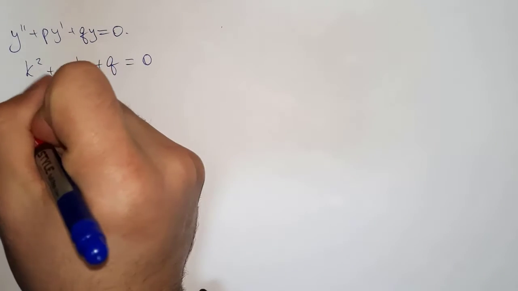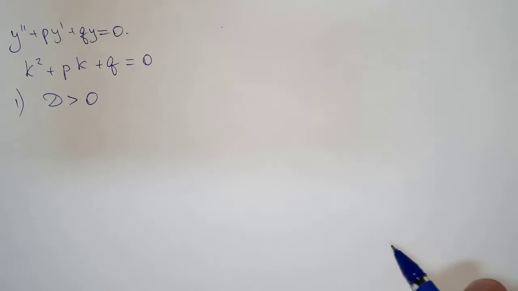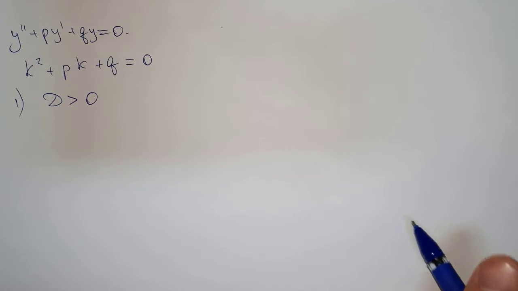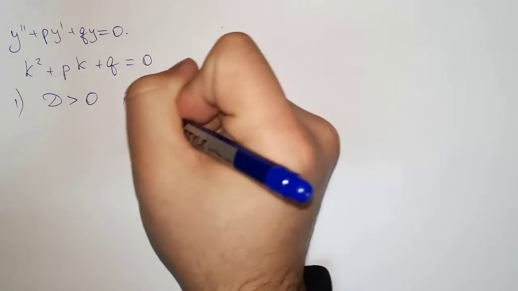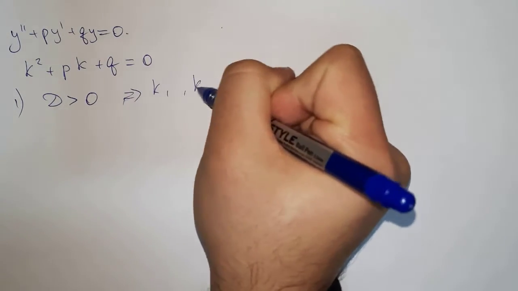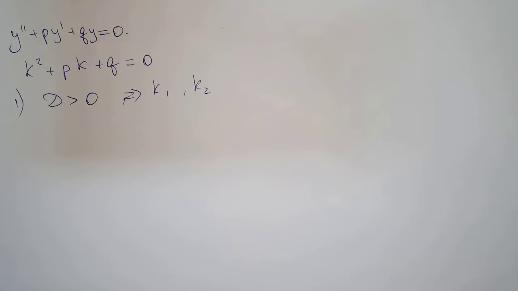And we have the next conditions. This is a quadratic equation, and the discriminant of this quadratic equation can be greater than 0. If the discriminant is greater than 0, then the roots of this characteristic equation are k1 and k2, any distinct real numbers.